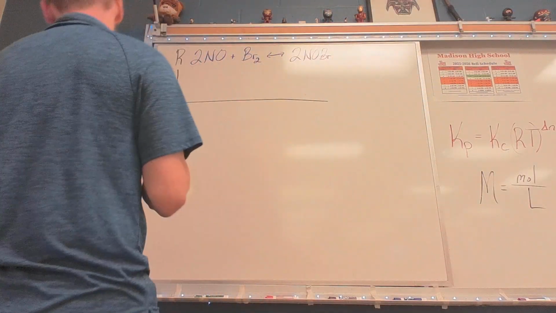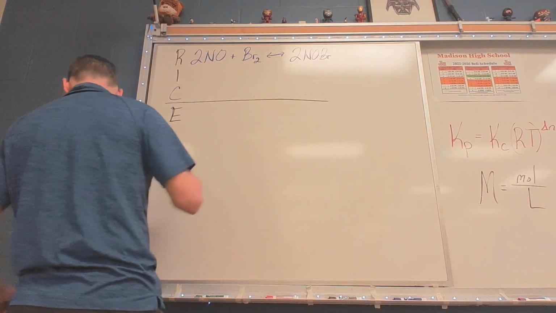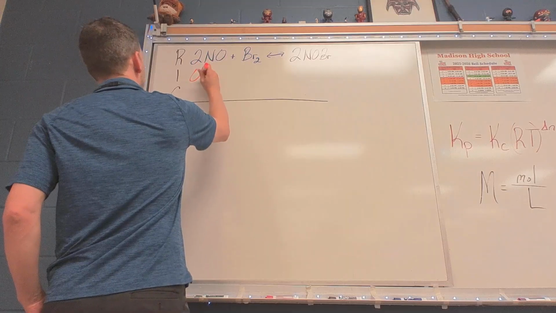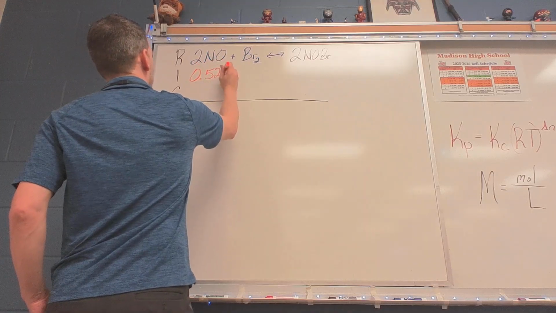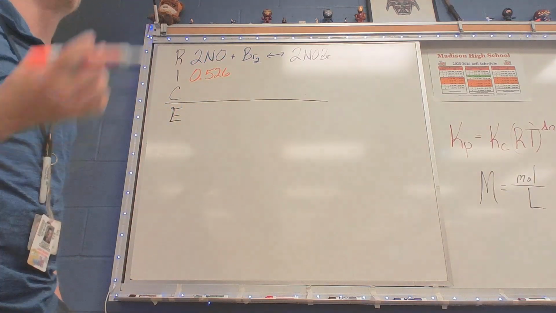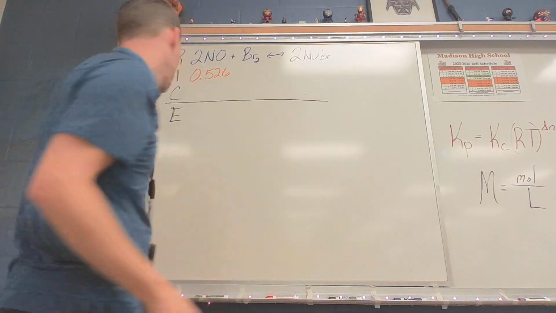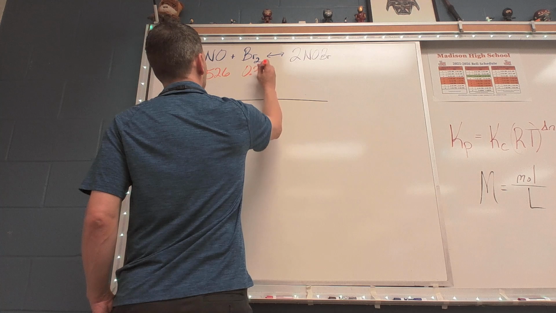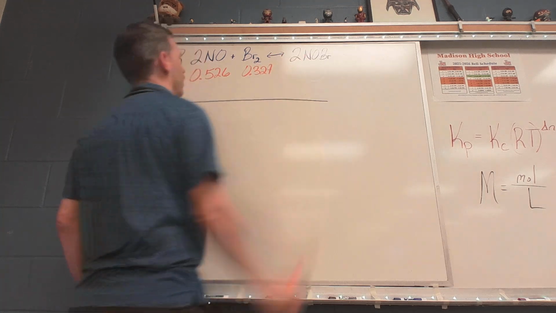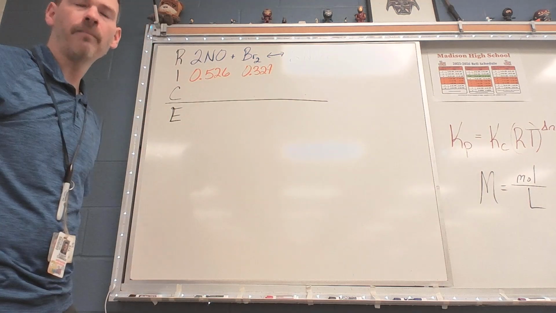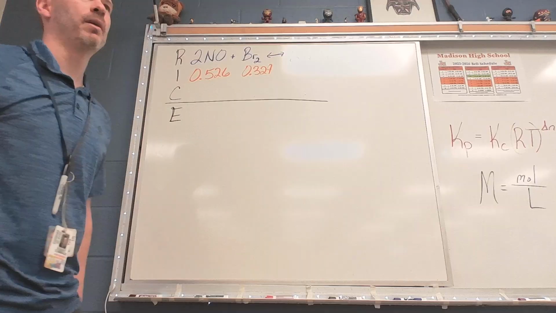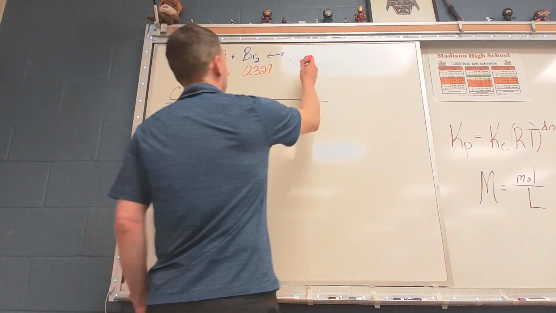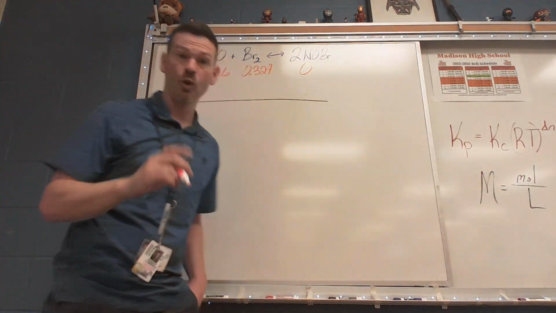What's the number for the NO? That's correct. Pulled it straight out of the problem. The bromine initial pressure is sitting at 0.329. What's the initial pressure of the product? 0. We're initial. There's no product yet.